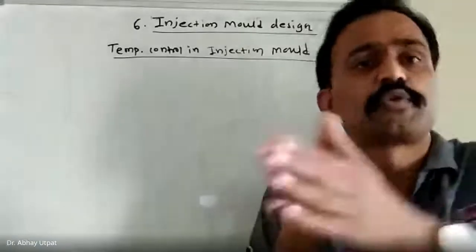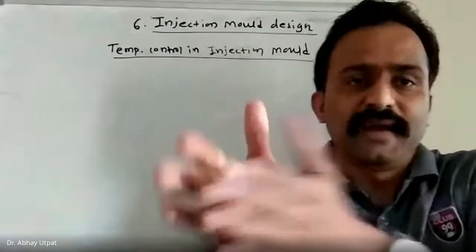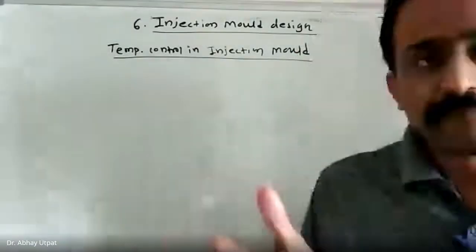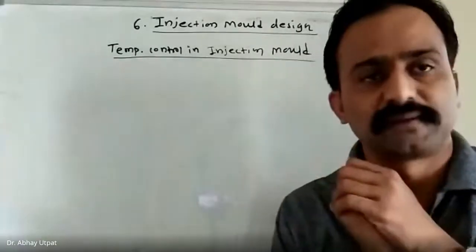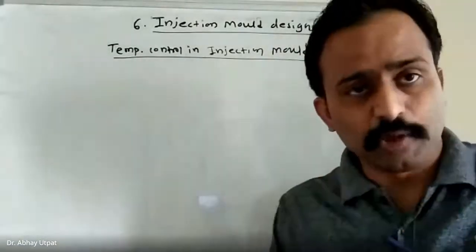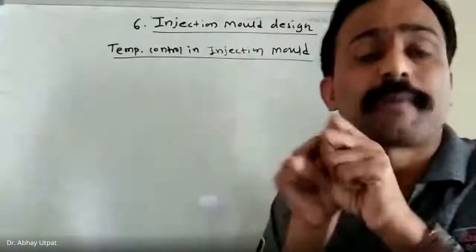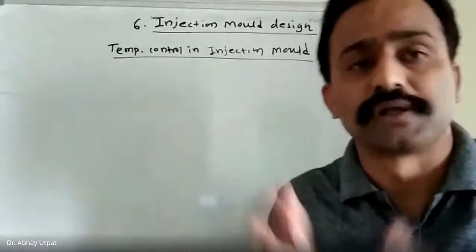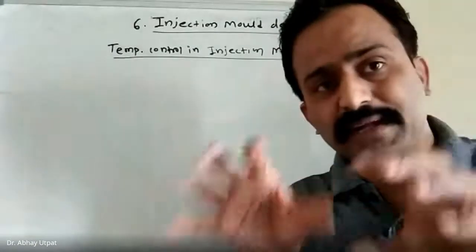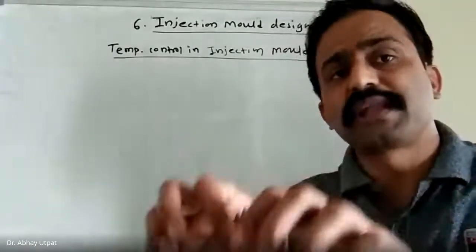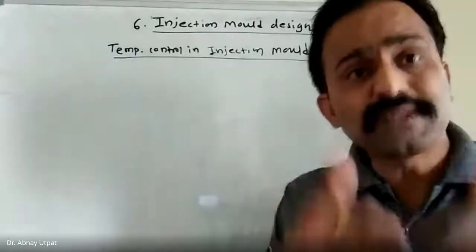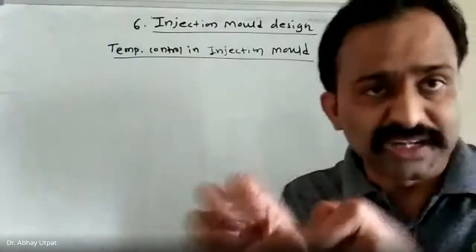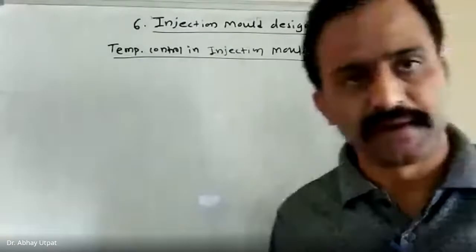The plastic will go in the mold, and the mold is made up of metal. Due to the chilling effect, it will start solidifying, because the heat of the plastic will be absorbed by the metallic mold walls. To improve the efficiency of heat extraction, water circulation will be carried out.